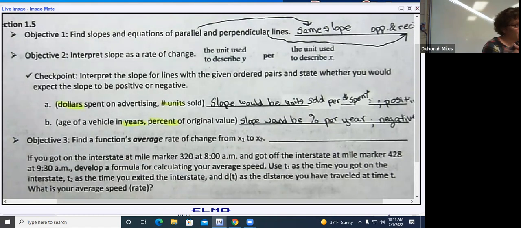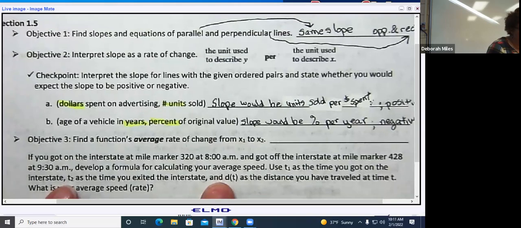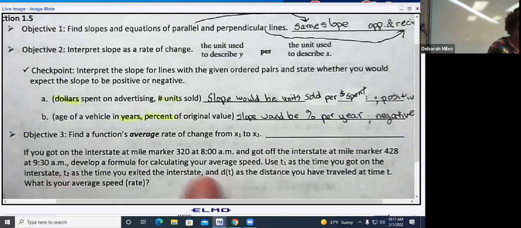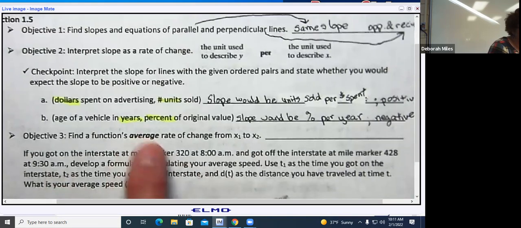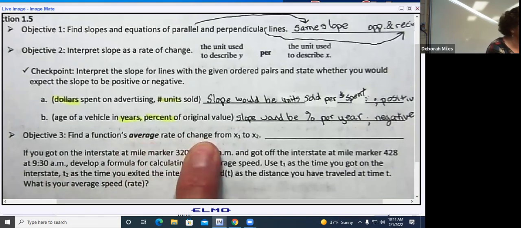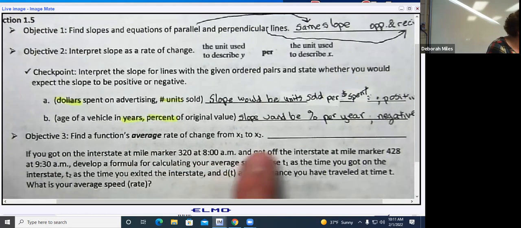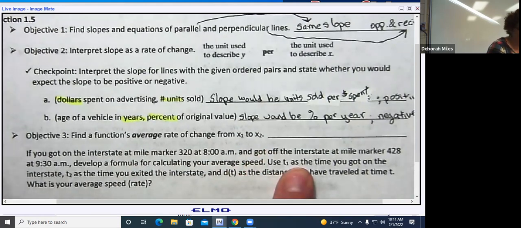In calculus, we can find instantaneous rate of change, but we can't do that yet. Help me figure out this problem, and by figuring it out, I think we can come up with a formula for average rate of change that will make sense instead of us just memorizing it.